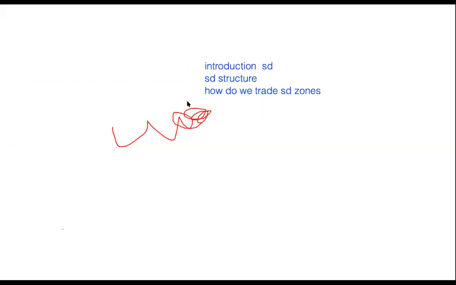There are two types of SD structures: valleys and peaks, and CPs and PCPs. So I will just give an introduction to these tools.